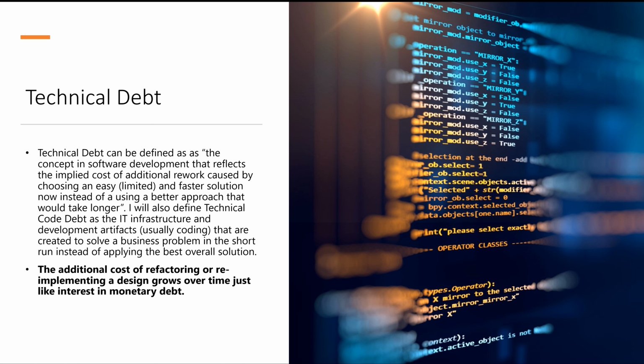But in fact, you are causing technical debt in your project that in future will cause you a lot of debt. That is why hacks happen, why a lot of threats happen to the software, because of technical debt, and we have to reduce that as much as we can.